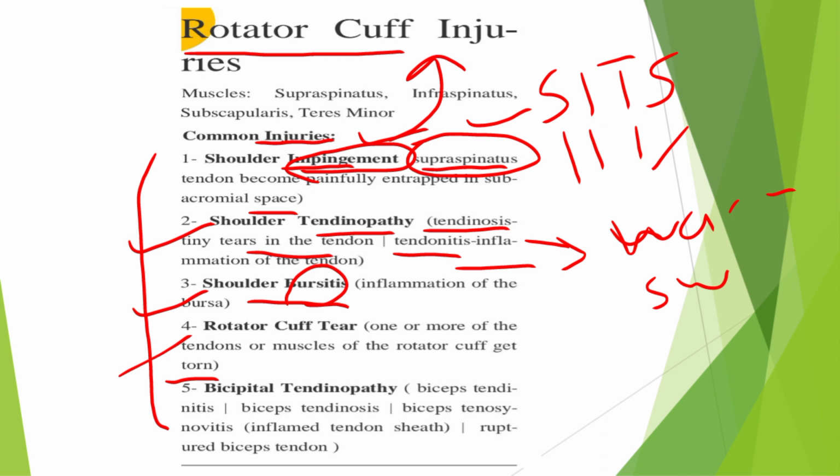Biceps tendonitis, biceps tendinosis, biceps tenosynovitis. Tenosynovitis means inflammation of the tendon synovial sheath, and the ruptured biceps tendon. These are the conditions that cause bicipital tendinopathy. Rotator cuff muscles, there are four: supraspinatus, infraspinatus, teres minor, and subscapularis, and these are the five conditions that cause rotator cuff injuries.